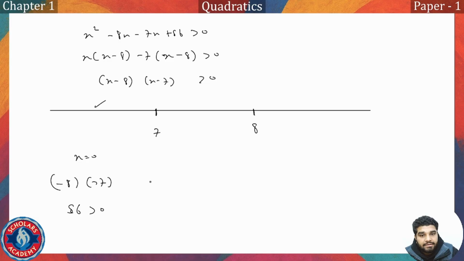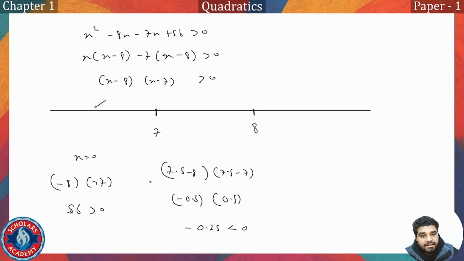And if we take value from this interval, let's check for 7.5. So 7.5 minus 8 and 7.5 minus 7. So we get negative 0.5 and positive 0.5. So this is actually negative 0.25, which is less than 0. So I'll not take this interval 7 and 8.